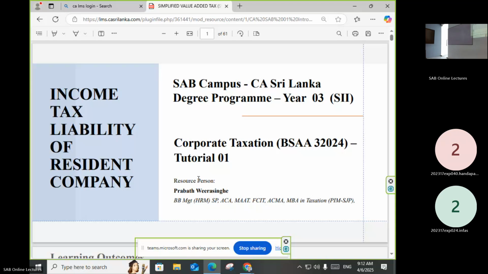The definition of expenditure is an outgoing of economic benefit or resources. Payment of taxes is also an outgoing, so it fits the definition of expenditure, and we call it tax expense. But for whatever expenditure we charge to the income statement, there is a direct benefit flow to the organization.